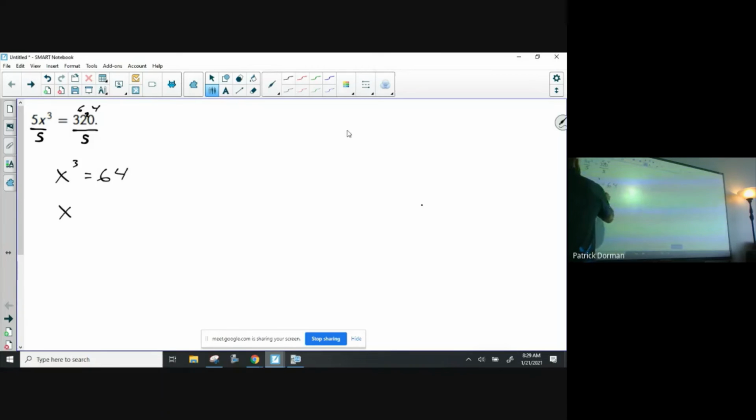Remember from that list of perfect cubes, we know that that must be 4. Let's take the cube root of both sides. And then you know that the cube root of a cube just gets rid of your cube. And then the cube root of 64 is 4, right? Because 4 times 4 times 4 is 64.